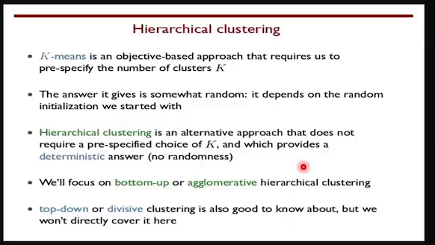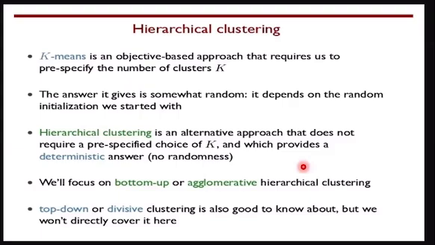Now, we have two types of hierarchical clustering. We have what we call the agglomerative. The agglomerative is when I go from the bottom up. Going from the bottom up means that if I want to classify everyone in this class using hierarchical clustering, I'm going to start by saying each and every one of you is in your own cluster.